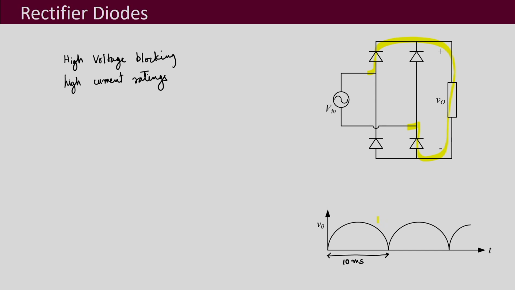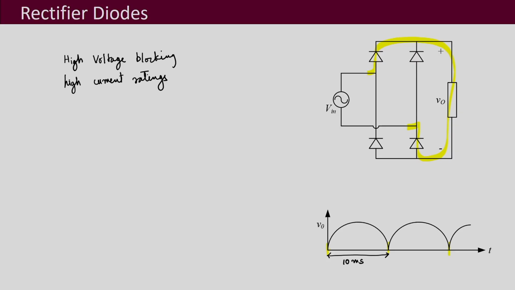So, in 10 milliseconds, somewhere here you will have the turn on and turn off of these diodes taking place. That means the turn on and turn off requirements of this kind of rectification example are not very demanding. Therefore, we can afford to use slow diodes for rectifier applications.